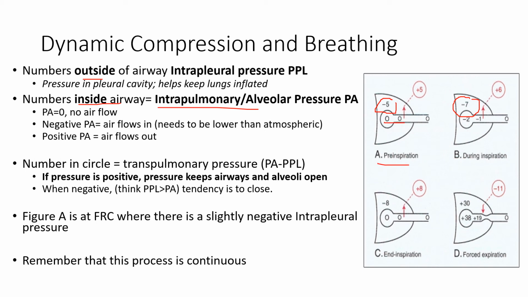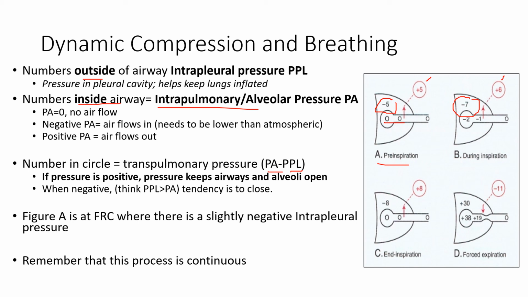Okay? And then the number in the circle, these guys here, represent the transpulmonary pressure, which again is the pressure in the alveoli minus the pressure in the pleura, right? So alveolar minus pleura. And because the pleural pressure is always negative, this value should always be positive, because we always want the pressure in the airways to be a little bit greater than the pleura to keep the alveoli open.